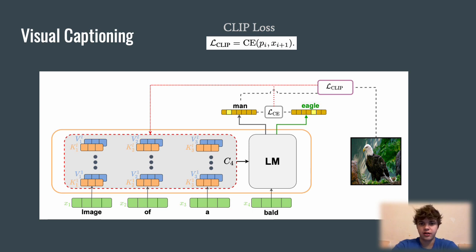This makes sure that the next word that is used is actually related to the image. So here we have "image of a," and then the LCE is deciding whether the next word, if "man" is more related to the picture, or if another word is more related.